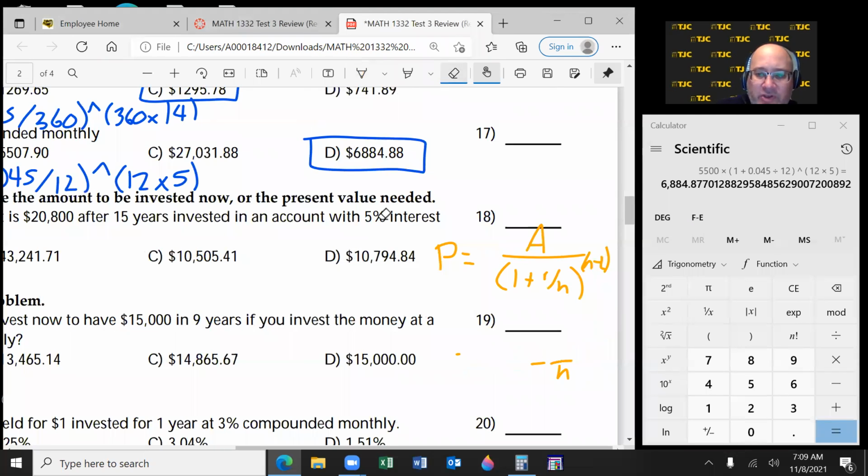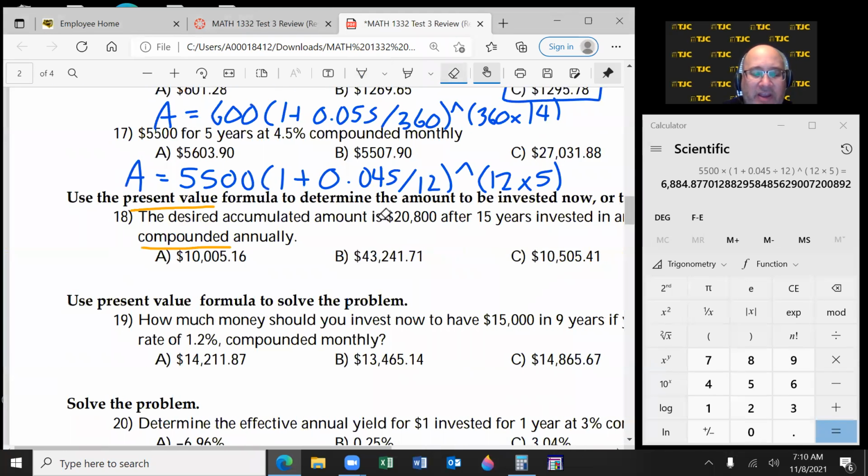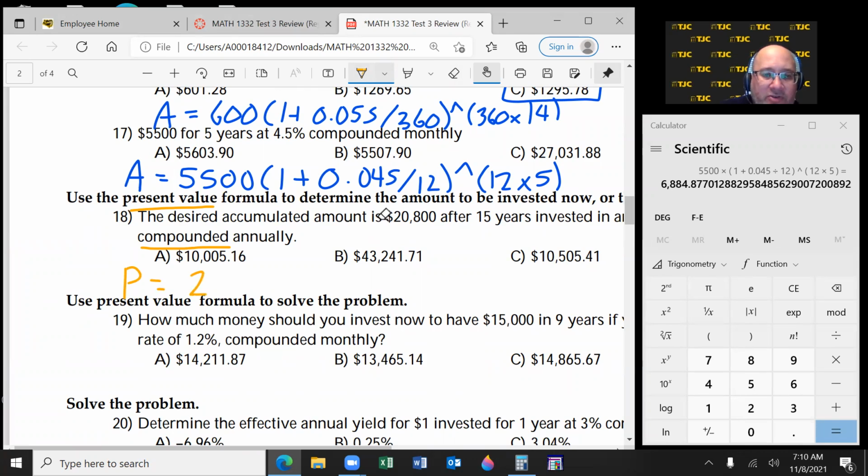Okay, so let's do number 18. Our future value, well, we're looking for the present value. In other words, the principal. It will be the future value, $20,800 is what we want.